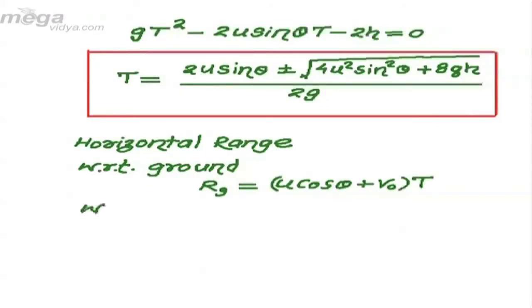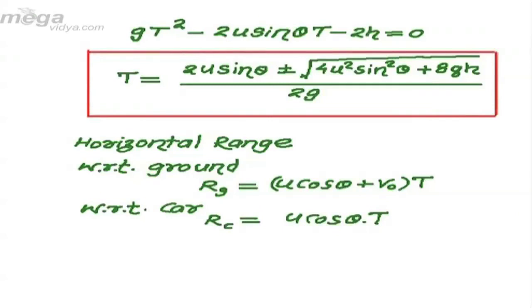If we want the range with respect to the car itself, then it can be obtained using u cos theta into time.